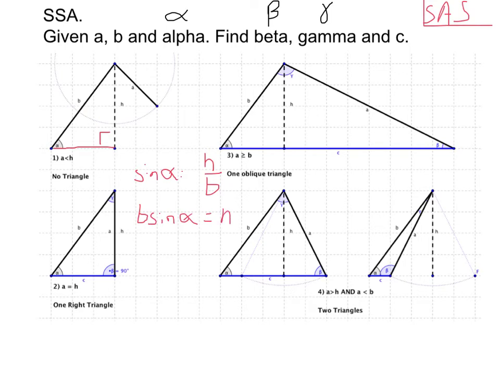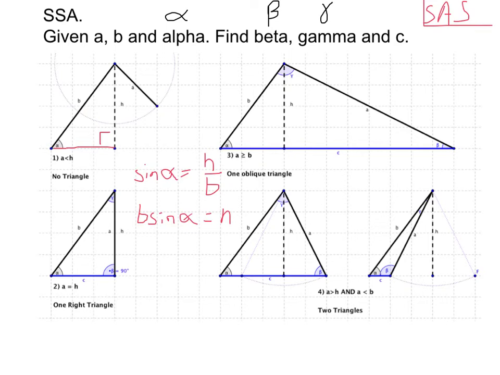So all of these times when they tell us to compare A to H, they're really telling us to compare A to B times the sine of alpha. A less than H is the same as saying A is less than B sine alpha. A equal to H, A equals B sine alpha. A greater than H, A greater than B sine alpha.